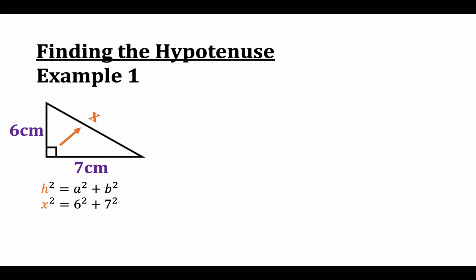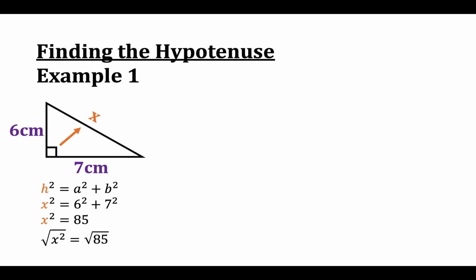Now, if we keep going with this, we know that 6 squared plus 7 squared is 85. So x squared is equal to 85. Now, we need to know what x is on its own, and currently x is being squared, so the opposite of squaring something is square rooting it.